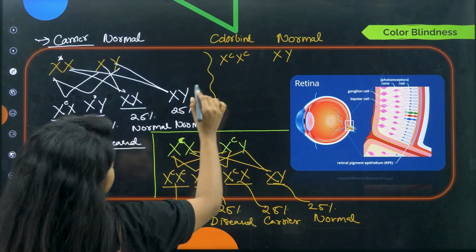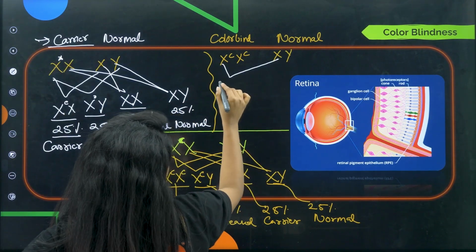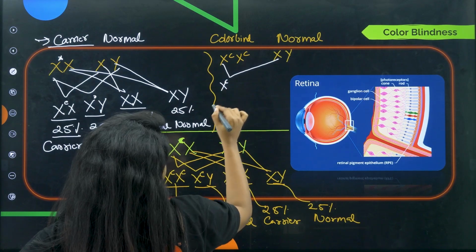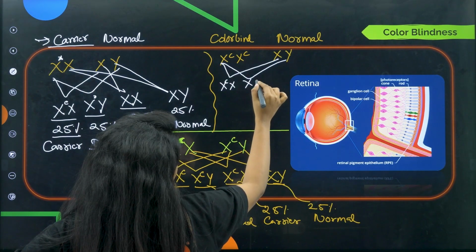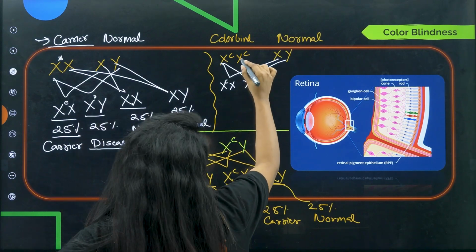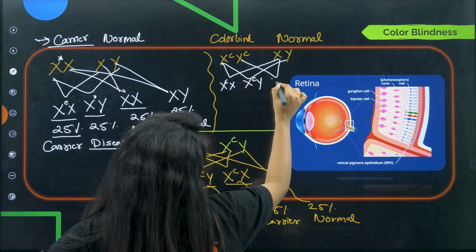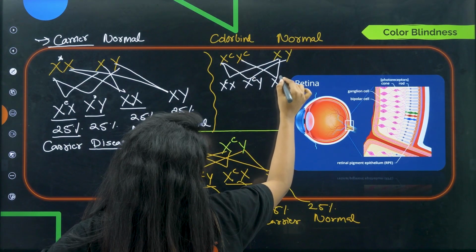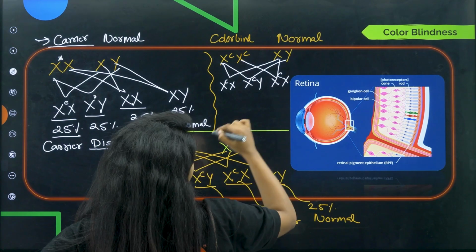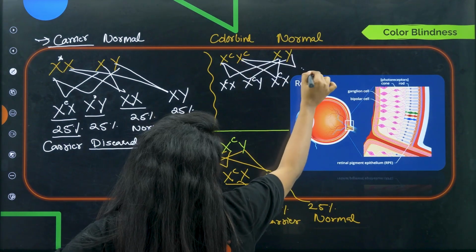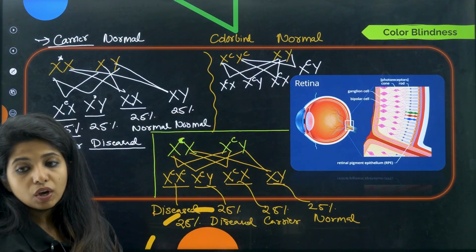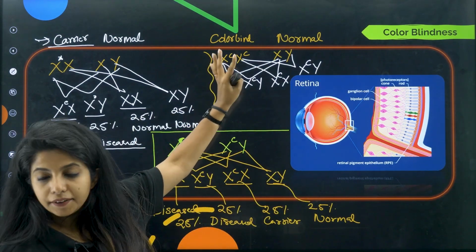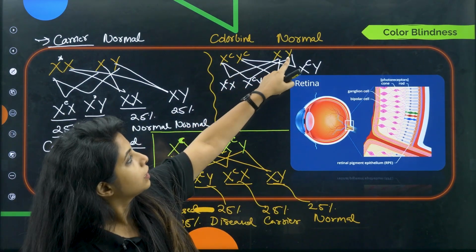If this and this I cross, I get XCX. If this and this I cross, I get XCY. If this and this I cross, I get XCX. If this and this I cross, I get XCY. In this case, when the mother is basically color blind, then obviously there is only one choice.